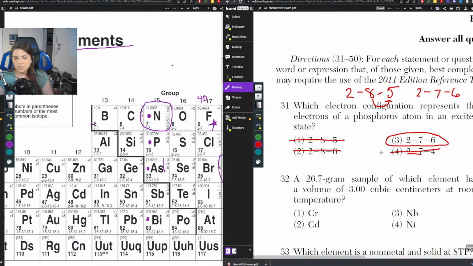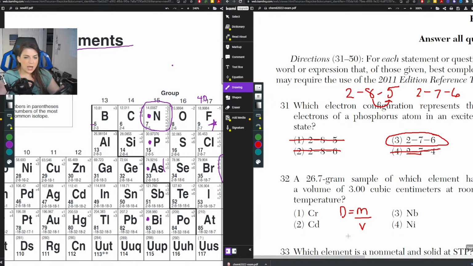32. A 26.7 gram sample of which element has a volume of 3 cubic centimeters at room temperature? This is density. Density is mass divided by volume, and it is a physical property, so we can use it to distinguish elements from each other, sometimes even substances. So I'm going to plug in the mass, 26.7, and divide that by the volume of 3 cubic centimeters.